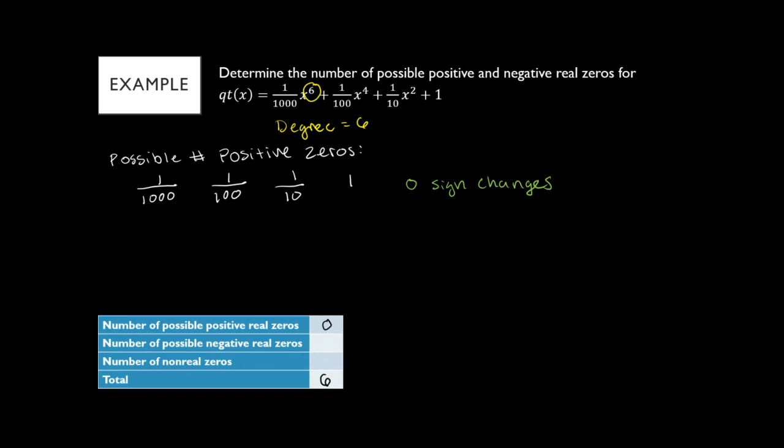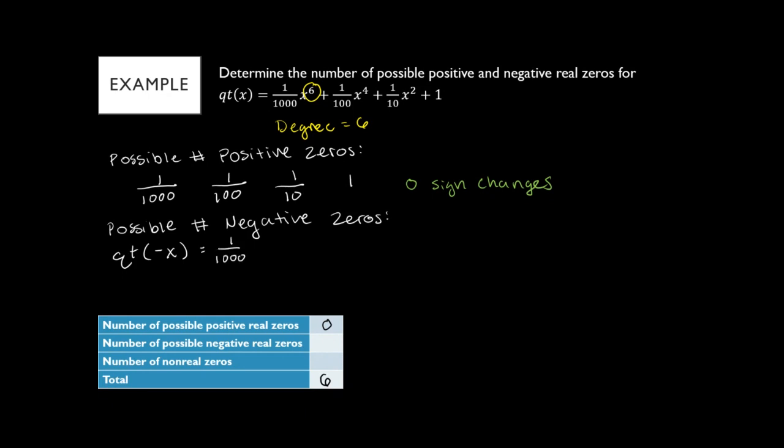So next, we want to find the possible number of negative zeros. And so our function is called QT. That is allowed. You're allowed to have more than one letter there. And we're plugging in a negative x.